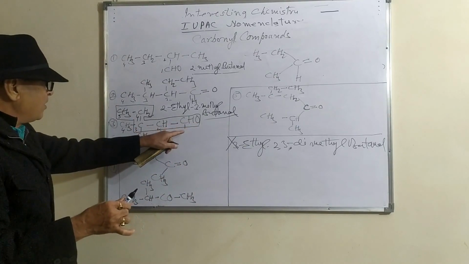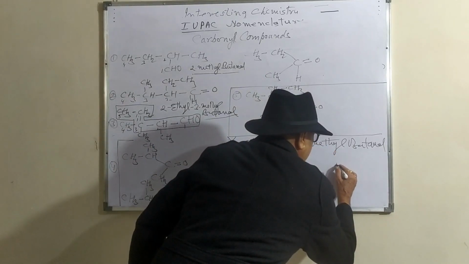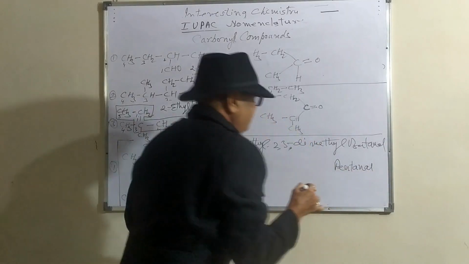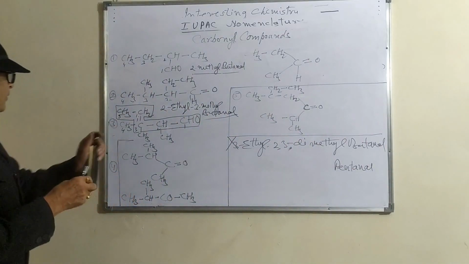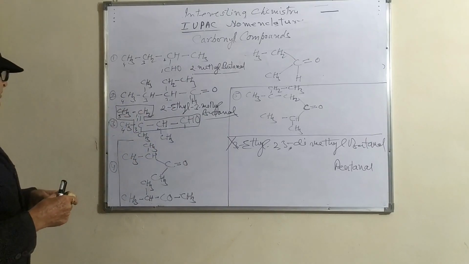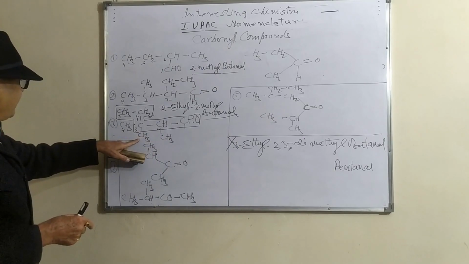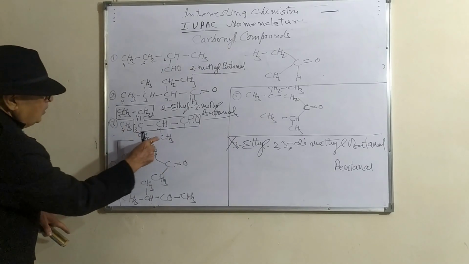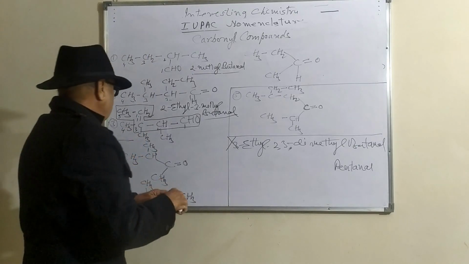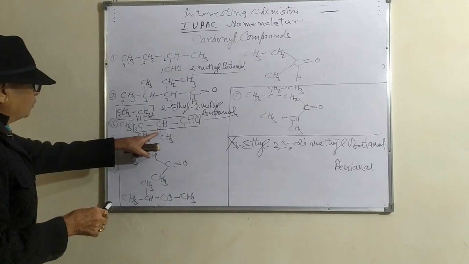So the name of this compound will be 1, 2, 3, 4 and 5, pentanal. The parent name of this compound will be pentanal. And now they show the position of the substituent groups. So here on 2, 3.